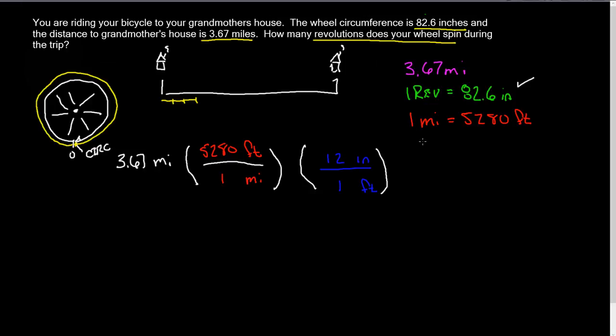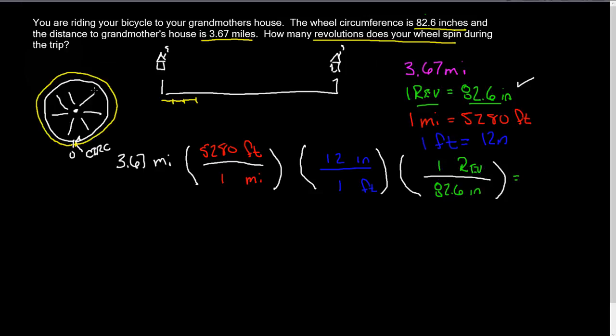That is equal to 1, and I need to put that over here as my equivalency. And now, my third conversion factor, I'm in inches. Now I want to go to revolutions. So now I'm going to go from inches to revolutions, and you'll see that I have that right here. So I want to go 82.6 inches is 1 revolution.